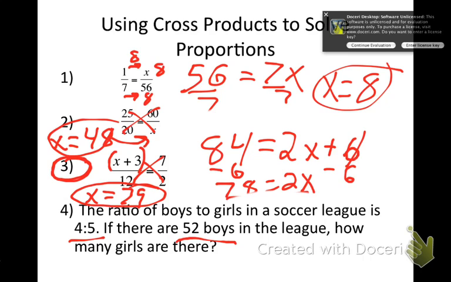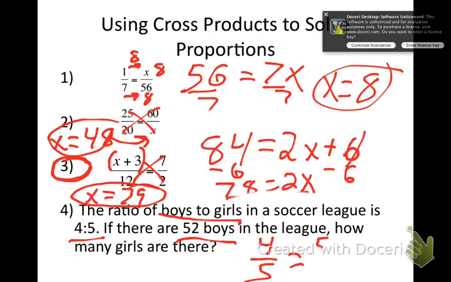Now, you're going to hear me say this a lot today, but the key to setting up story problems is you have to be consistent. I don't care how you set the proportion up, but you have to be consistent. So, for example, if I go boys to girls as 4 over 5, when I set up my second proportion, I need to do the same. Boys over girls. I have to have that same ratio set up.